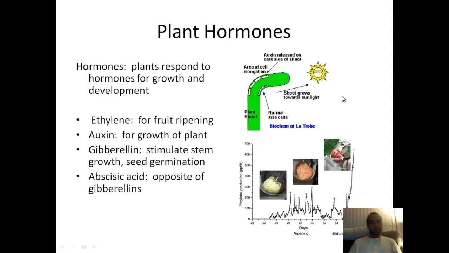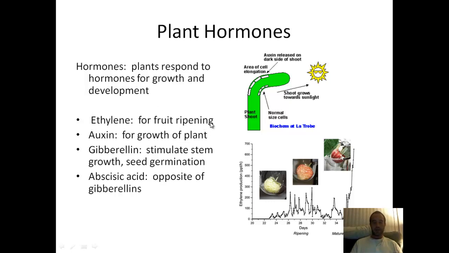And then there's four different plant hormones that we're going to look at. These hormones help the plant respond and for growth and for development. So our first hormone here is ethylene, and ethylene is for fruit ripening. You might have heard of this if you have bought fruit at home, and there's certain fruits that release gas.